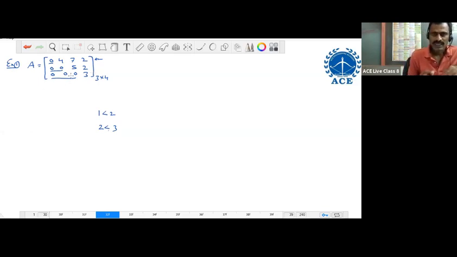In this matrix, there is no zero row. All rows are non-zero rows. So we verify only first condition. For this matrix, the first condition of echelon form is satisfied. Therefore, the given matrix is in echelon form. If it is in echelon form, we write rank directly.